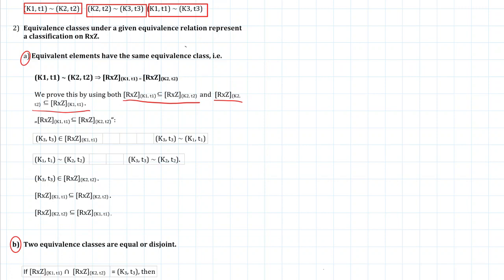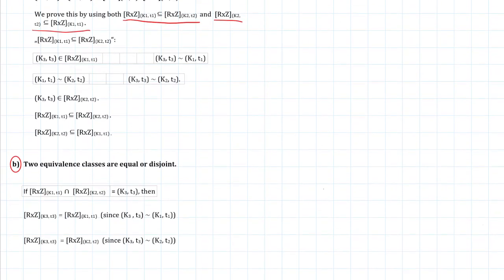So let's start with the statement that the equivalence class of K1 is a subset of the equivalence class of K2. Let's just begin by considering an element K3, and this element is an element of the equivalence class of K1. So this means that K3 relates to K1, and because K1 relates to K2 and the transitivity of the given relation, it follows that K3 relates to K2.